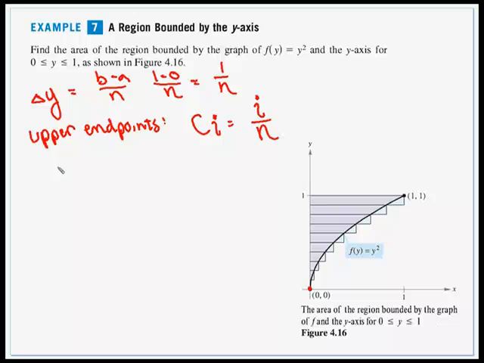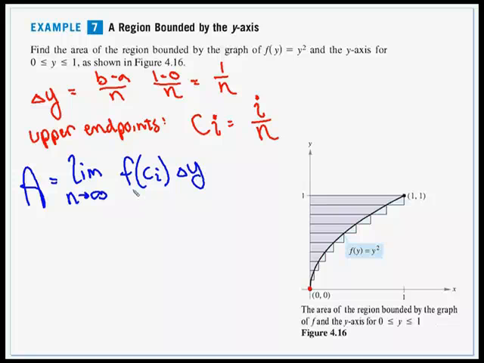And our area is going to be our limit as n goes to infinity of our function f of c sub i times delta y. Again, this is the height of the rectangle, but now it's turned 90 degrees. Delta y is the width of each rectangle on the y-axis.